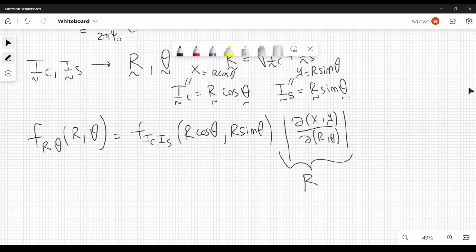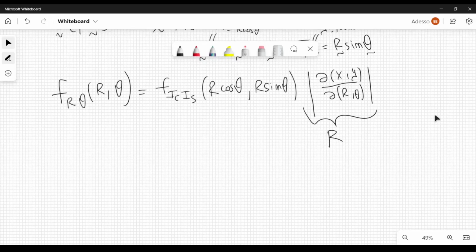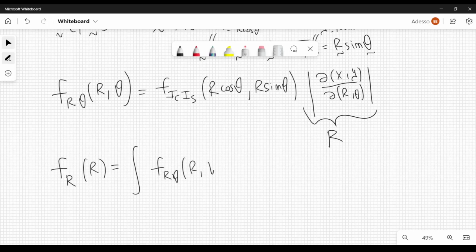And now if we want to find the probability density of R, which is actually what we want to find, it's the probability density of the envelope. This will be a function of R, and we simply have to integrate over theta the distribution f r theta of r theta, right?